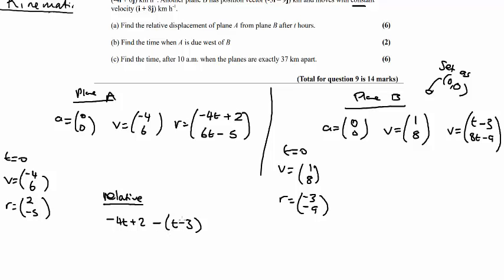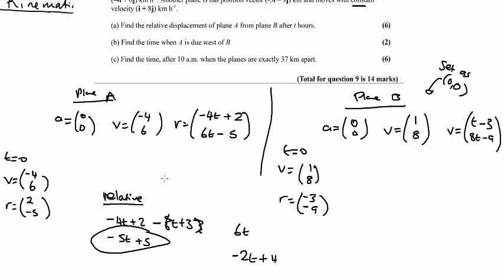I get minus t, minus 5t plus 5 should be the first one. The second one, 6t minus 8t, so I get minus 2t, minus 5 minus minus 4, so it's going to be plus 4.